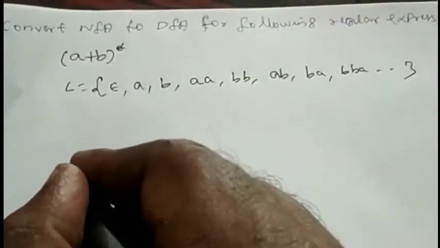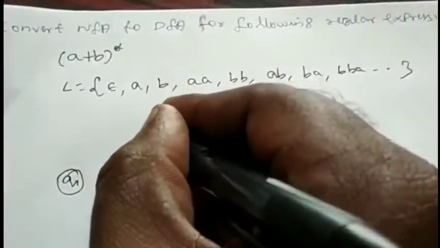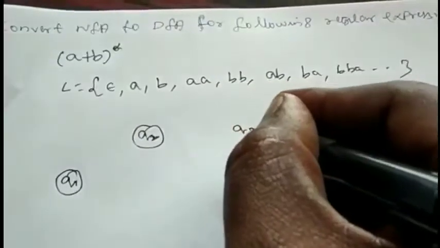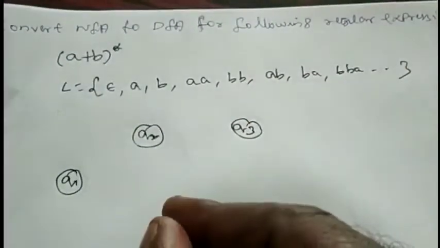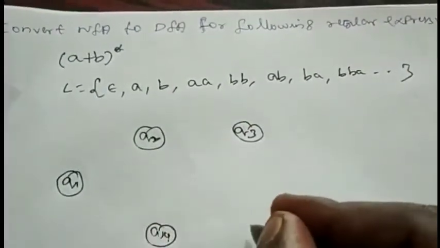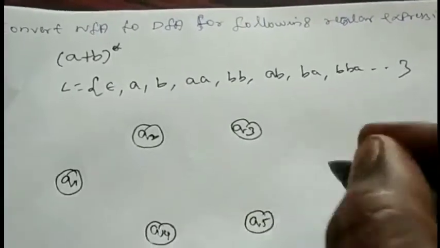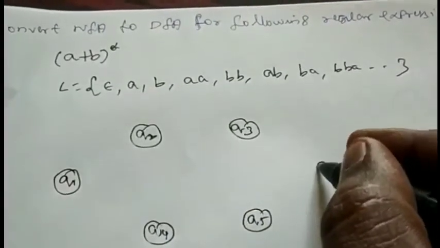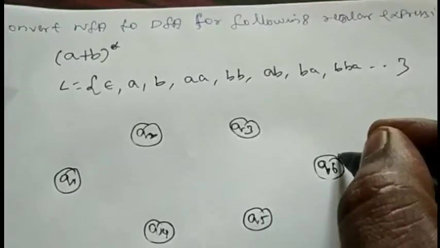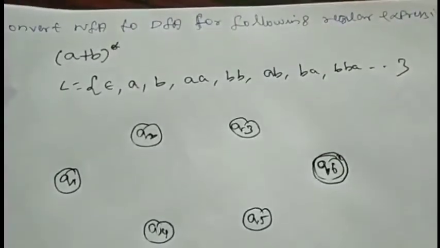So I have to take up two different paths. Say for example Q1, and then I use Q2, Q3, and I make Q4, Q5, and Q6. Okay, so let us make Q6 a final state.